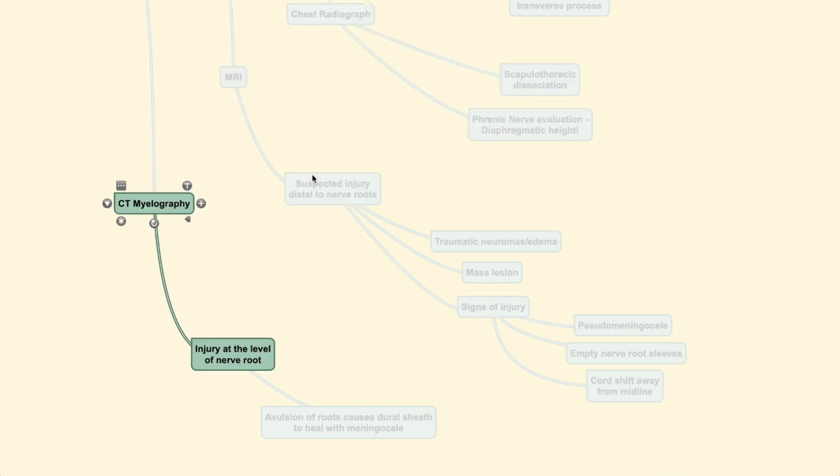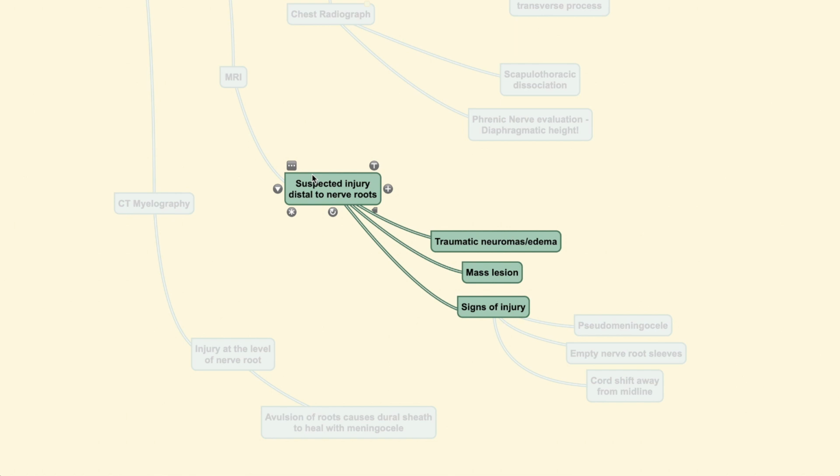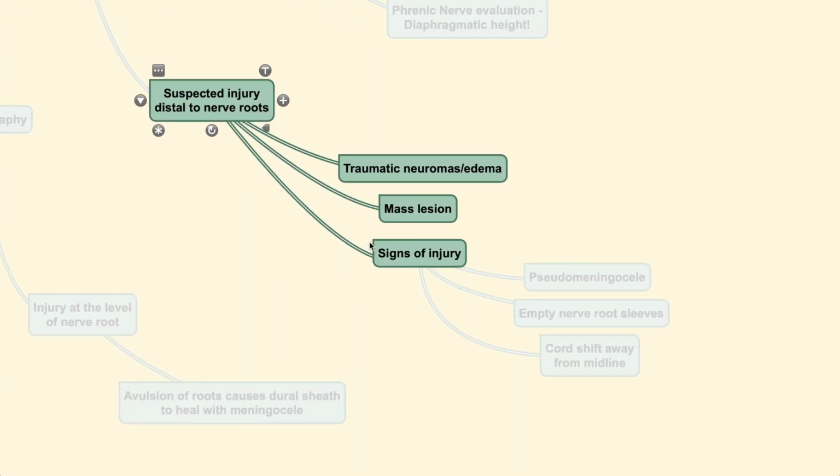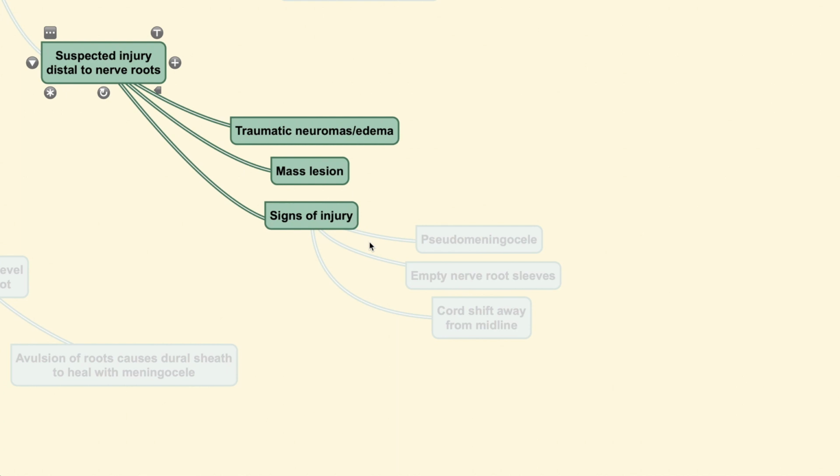Now the next thing you could do are the MRI and also the CT myelography. Now the MRI is very good because you could do it to visualize evidence of any brachial plexus injury. So you do it when you suspect an injury that occurred distal to the nerve root, and what you would like to see is the traumatic neuromas or edema that occur around the area of the injury, or you could also reveal some mass lesion in the cases of a traumatic brachial plexus injury.